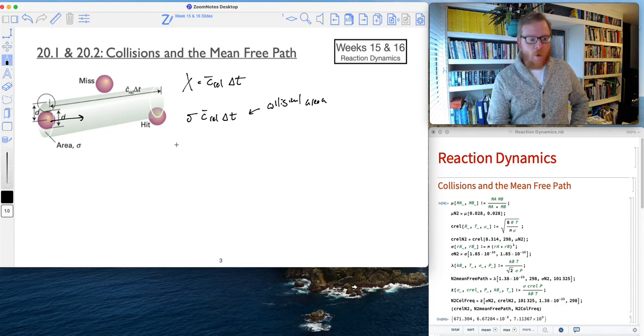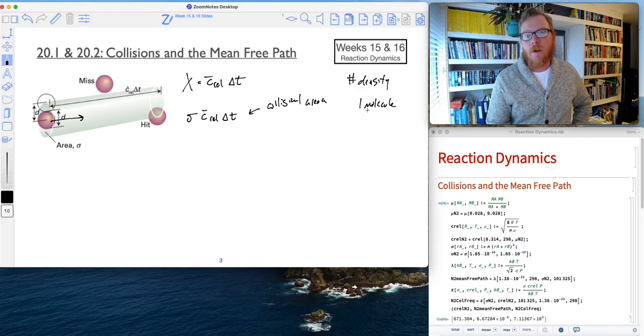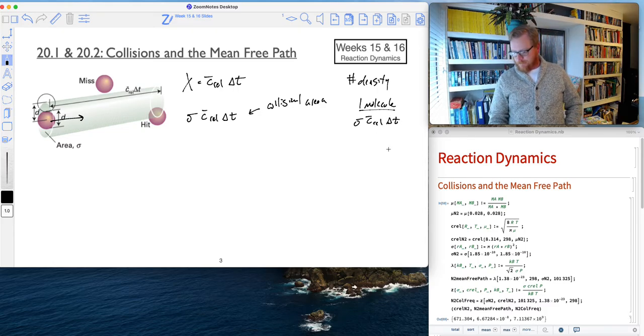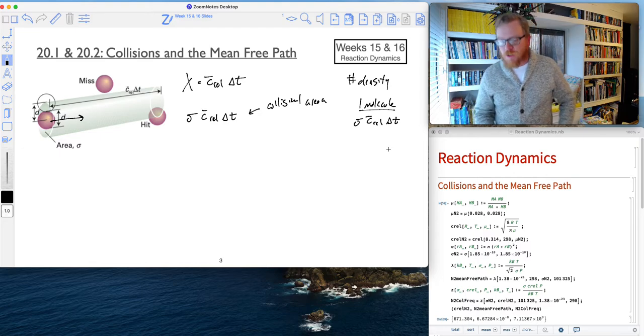So now I'll write up here that our number density or our gas phase concentration will be one molecule per sigma times the relative velocity times delta t. Okay, and so moving forward here.